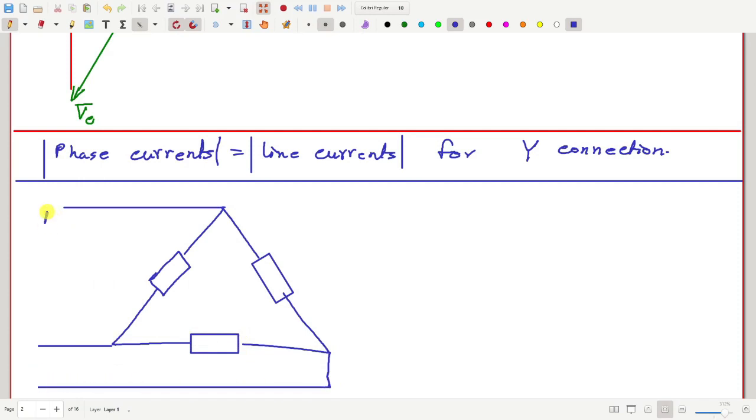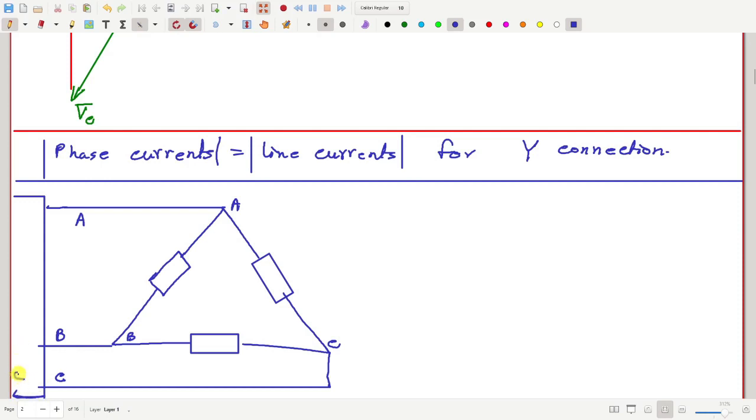Suppose this is phase A, B and C. I'm just drawing a block diagram.